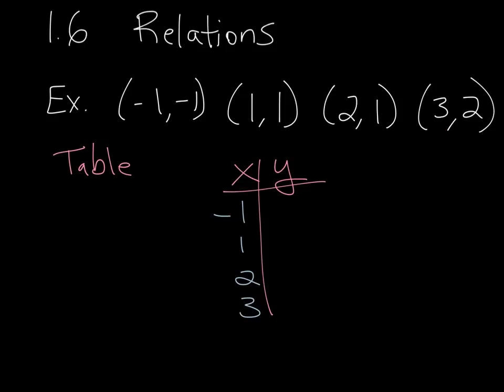And then my y values, I'm going to have -1, 1, 1, and 2. Okay, so I found those all right here. Now notice, for a table, even though that 1 in my y was there more than once, I still wrote it twice because I'm still writing them like they're ordered pairs in this manner.